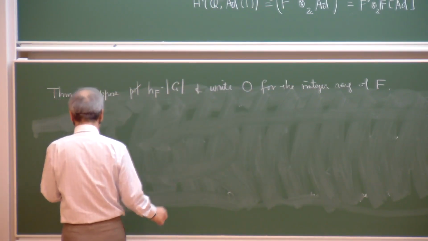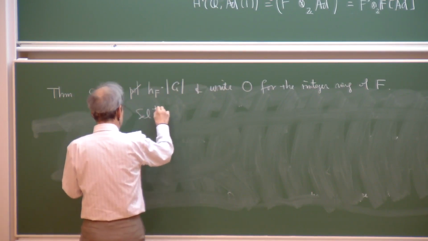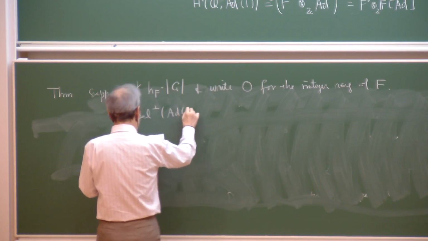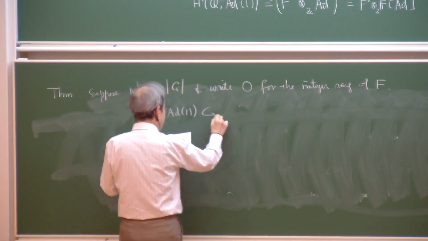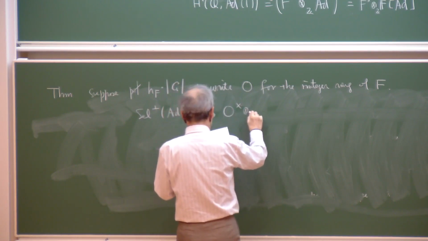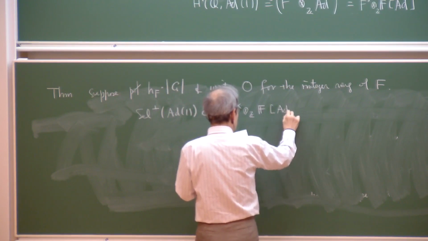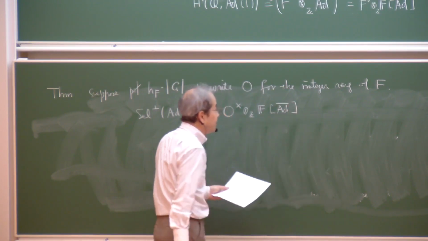And then Selmer of ad 1 embeds into O tensor Z over F of the adjoint component.